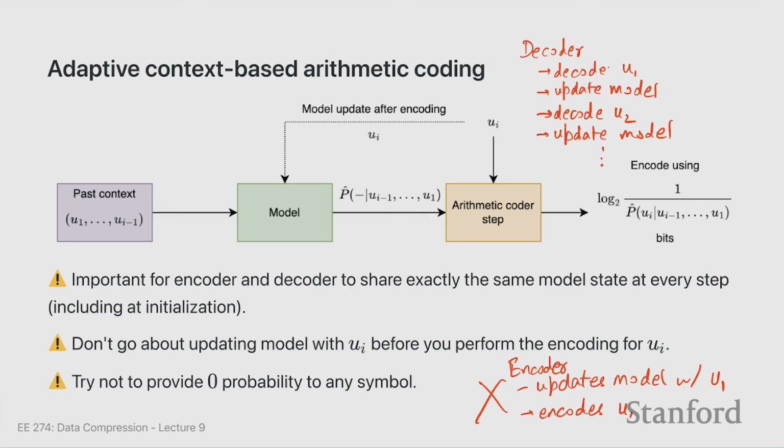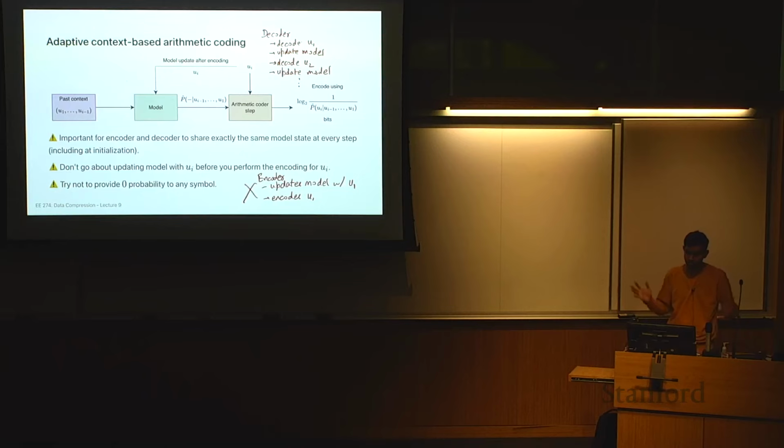So every symbol, however small it might be, should always have a non-zero probability. Even if you think that a Q after a Q will never happen in English, provide some small probability, never exactly zero probability.